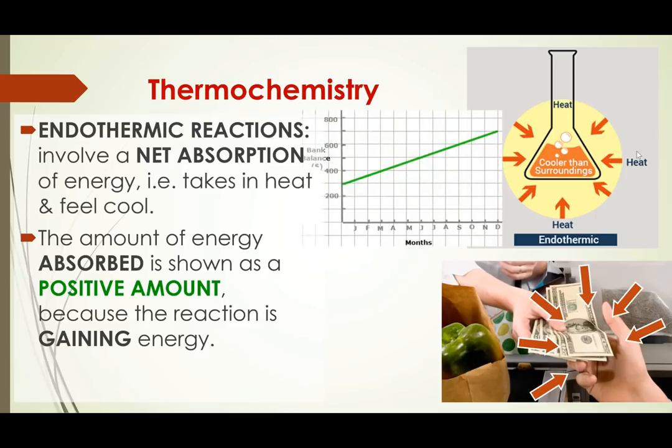So if I start out with $300, and over time I gain and end up with $700, I would show that as a positive $400. I've increased my bank balance by $400. Likewise, if a reaction is taking in energy, we can put a number to that amount and show it as a positive amount if the reaction system is gaining energy.